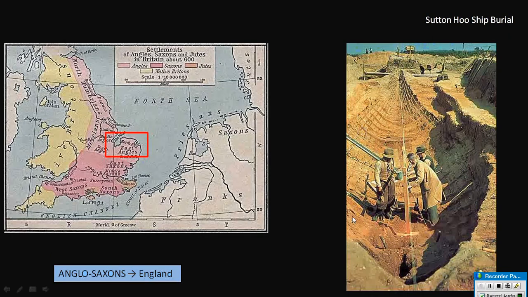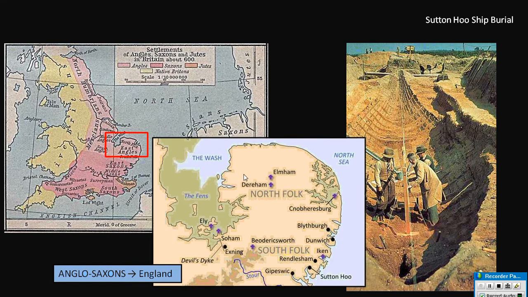What we have here at Sutton Hoo is one of these Scandinavian-style ship burials that was brought by the Anglo-Saxons to Britain. These always were placed within sight of the sea, and Sutton Hoo is in fact in this region, not even marked on the map, but here in the detail of that region, you can actually see where Sutton Hoo is, just here, right?